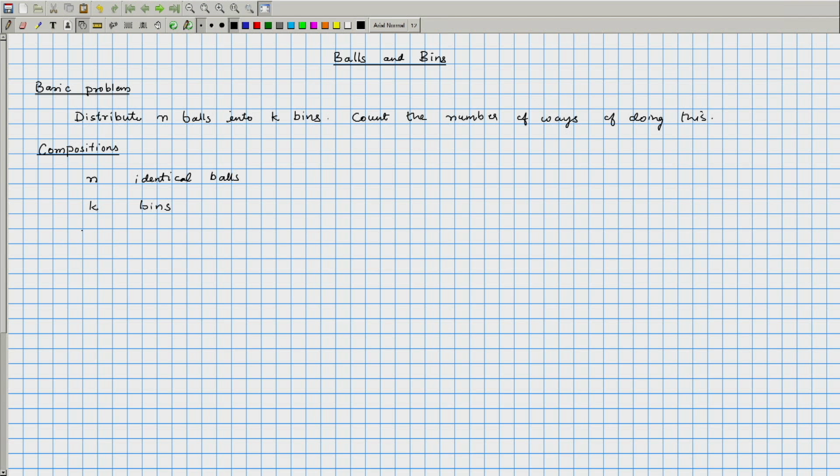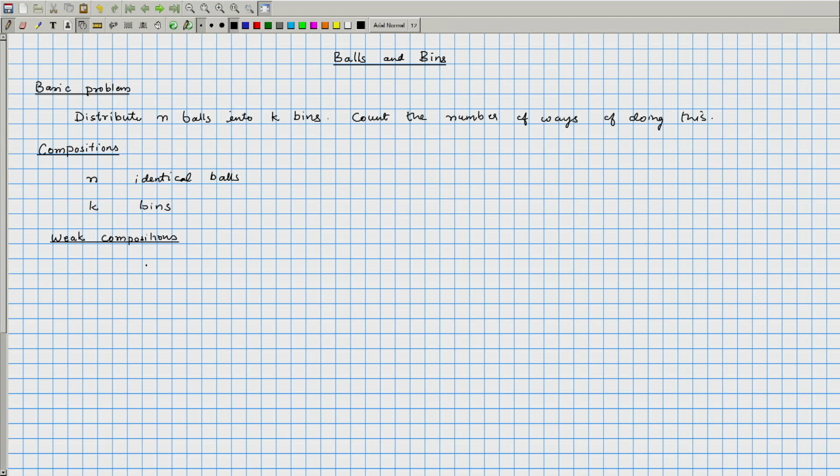So, there are two variants of these as well, wherein the bins could be empty and non-empty. The first problem that we will address is what is known as weak compositions. A weak composition is basically a split of n identical balls into k distinguishable bins, and the bins could have 0 balls in them.